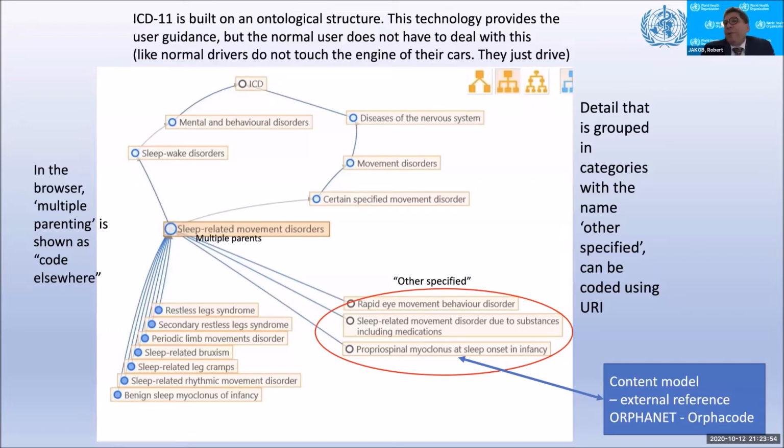For example, here this propriospinal myoclonus at sleep onset in infancy is a rare disease. But if somebody wants to use this, they can use the unique resource identifier that is linked to every entity in the ICD-11 to retain that level of detail, so that when there is an analysis, documentation, guidelines linked to this, you have the information at hand.